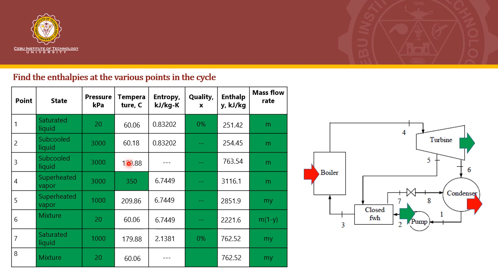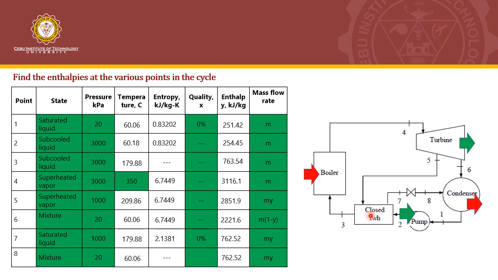Now that we already have the temperature, we can also get the enthalpy. So please remember that the temperature at point 3 and point 7 should be designed such that they are identical. They are the exit points of the closed feed water heater. So that's how you determine the different enthalpies at the various points when you have a closed feed water heater.